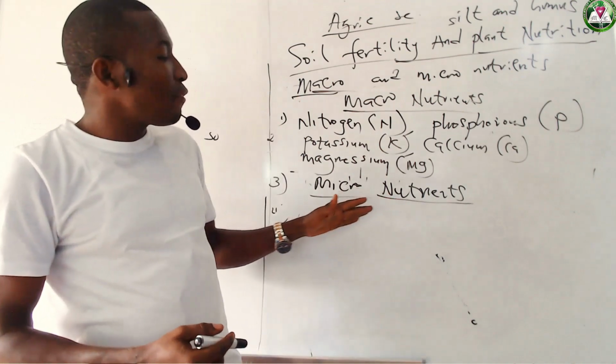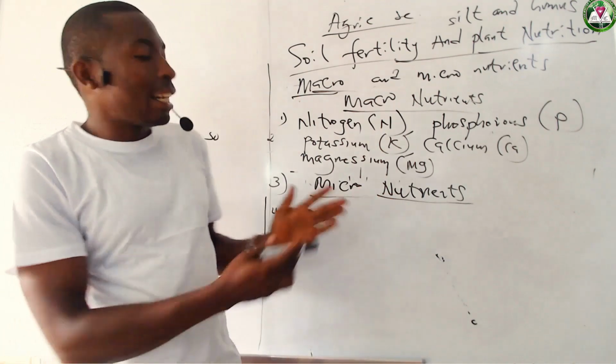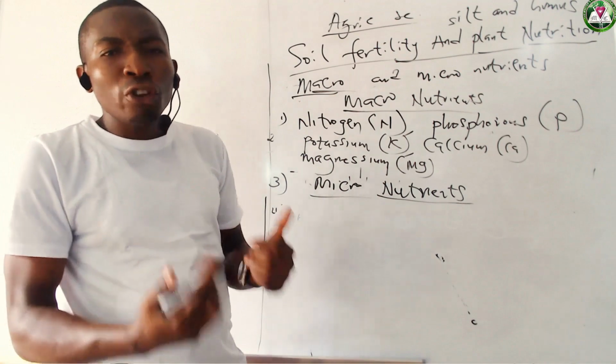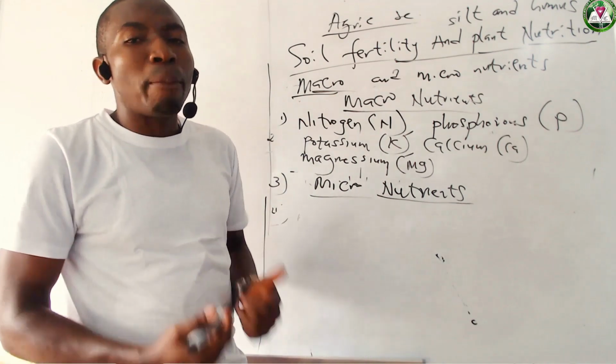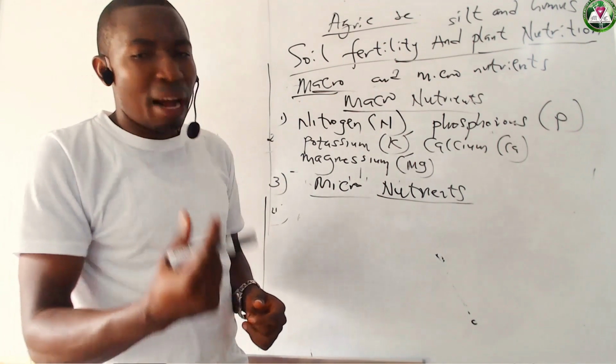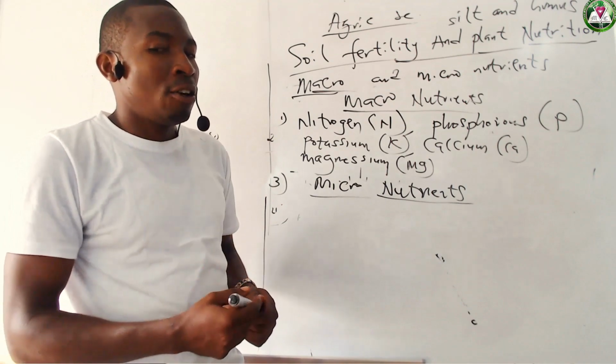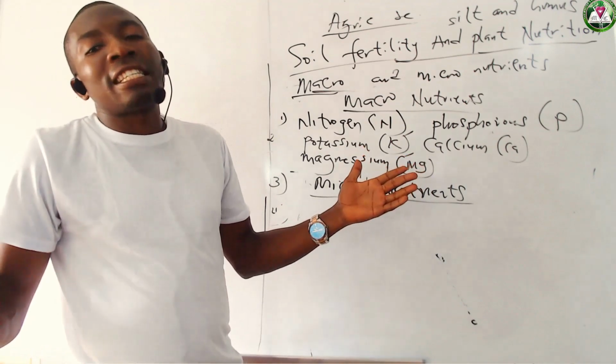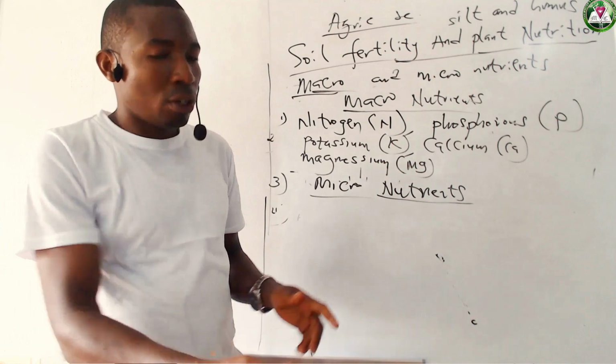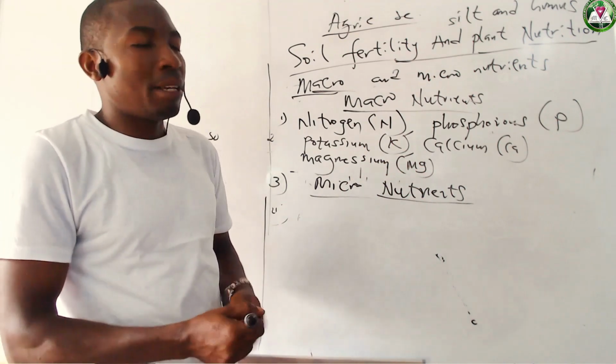The second one we have is micronutrients. Like the name implies, micro. Micronutrients are those nutrients that are required by our crops in smaller amounts or in smaller quantities, of which their deficiencies are not all that noticeable to crops or to the plants, as the case may be.